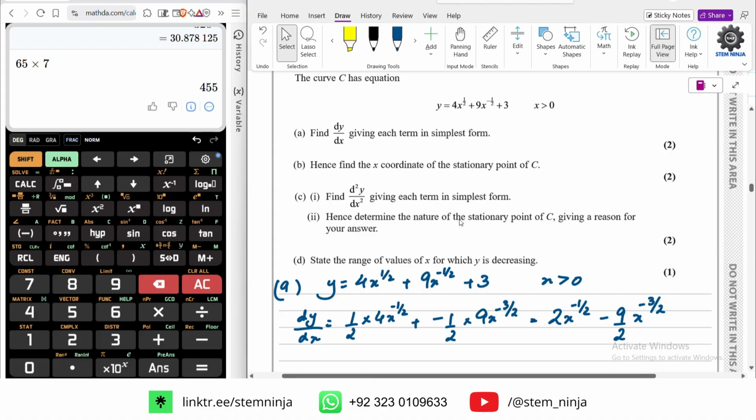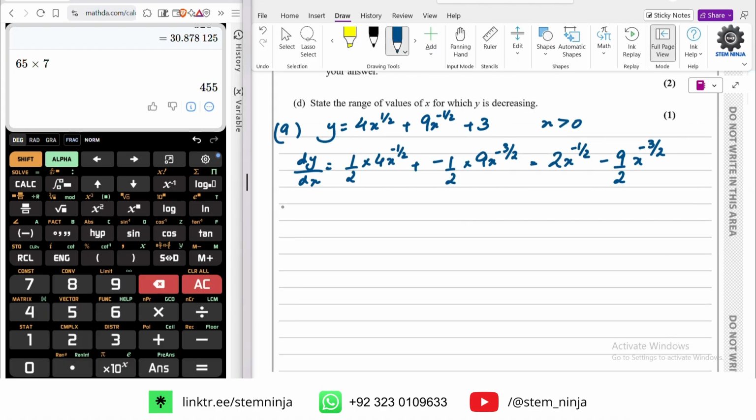Find the x-coordinate of the stationary point. Okay. So at stationary point, we know that dy by dx would be 0.